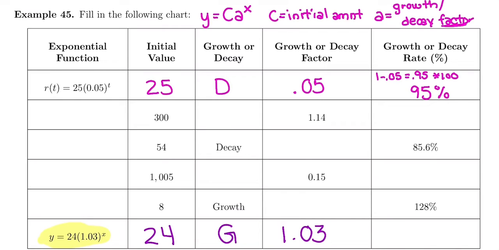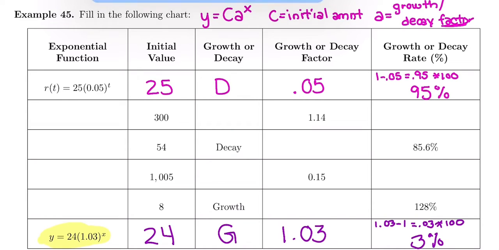So we're going to do 1.03 minus 1. Figure out how much bigger than 1 this is. Instead of less than 1, like last time when it was decay. It's bigger than 1 by 0.03, which when we multiply by 100, represents a 3% growth. So 1.03 is 3% growth, whereas 0.05 was 95% decay. It was decreasing by a lot.